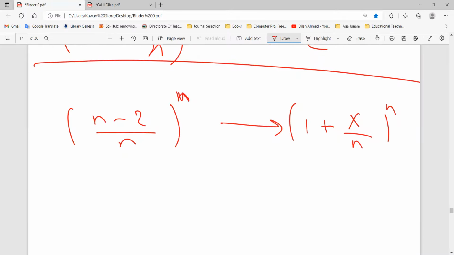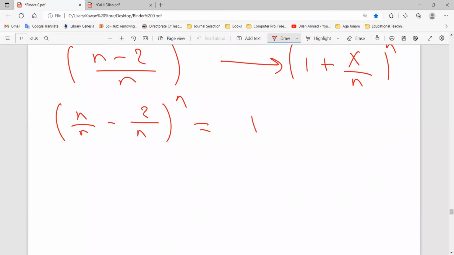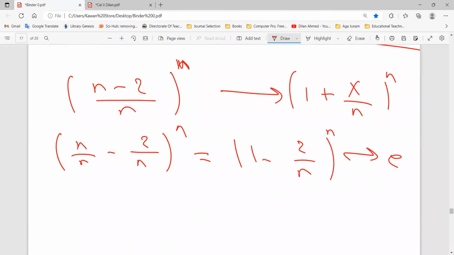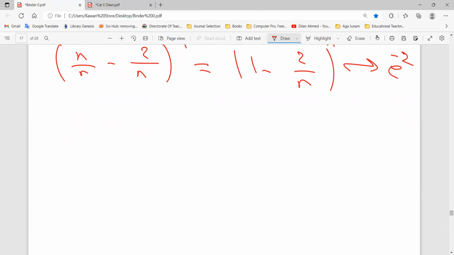How? Separate n. Am I right? And you get 1 minus 2 over n. Is that the formula or not? So e to the power minus 2. Thank you. So it means that you are here. Good. So you get e to the power minus 2. Do you remember the previous example?